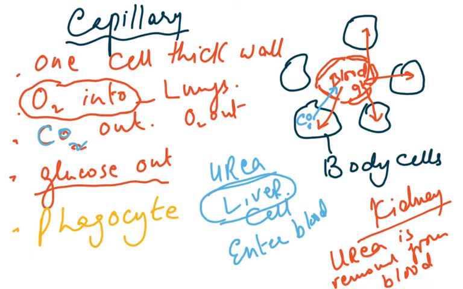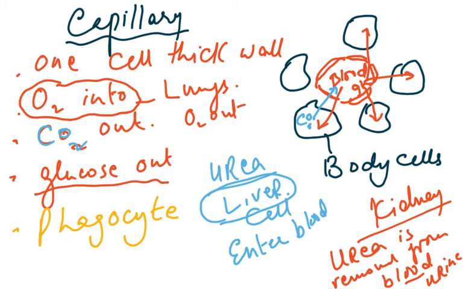So the urea enters the blood in the liver because it's made in the liver cells. And then the kidneys will remove the urea from the blood, and then of course it will be passed out in the urine, out of the body. Urine is the urea being passed out of the body. So the capillaries have a very important role to play in the transport mechanism.